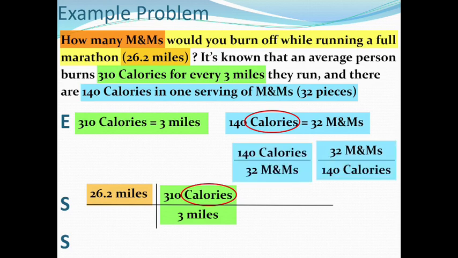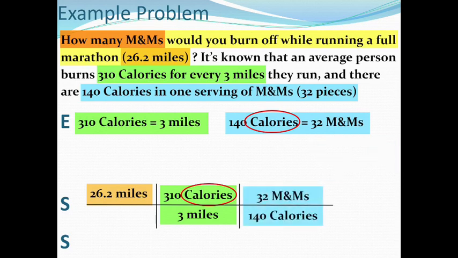So we have 2 options with the blue equation and 2 conversion factors we could make from it. And if we want to choose one that's going to help us cancel our calories and get to M&Ms, then hopefully you're seeing that the second one is going to be the one that's useful now because it has calories on the bottom. So when we write that here in our dimensional analysis bracket, the calories and calories cancel, and what I'm left with is M&Ms.